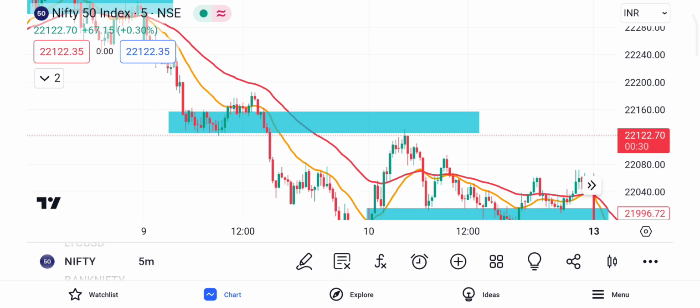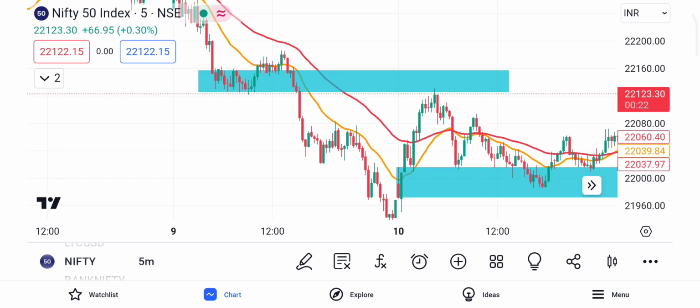Based on that we try to get some levels, use some levels, and see how the market responds to that. This thing actually works.